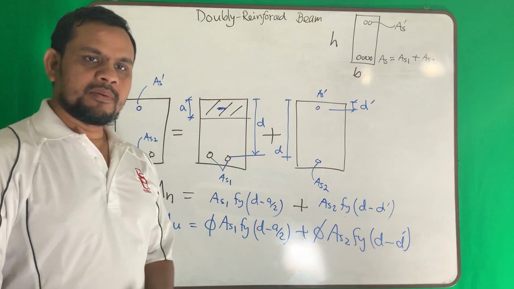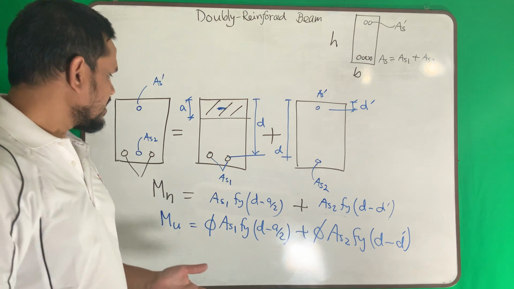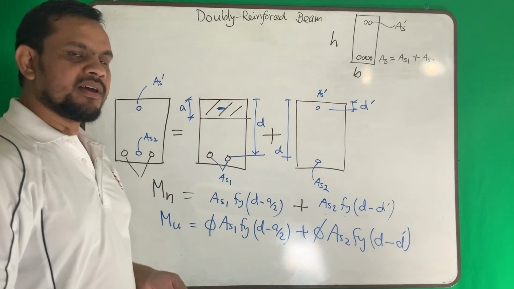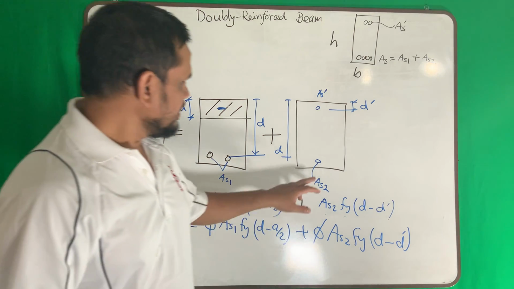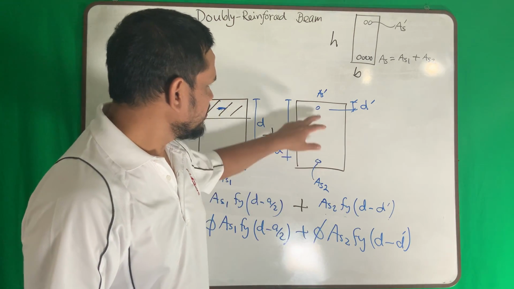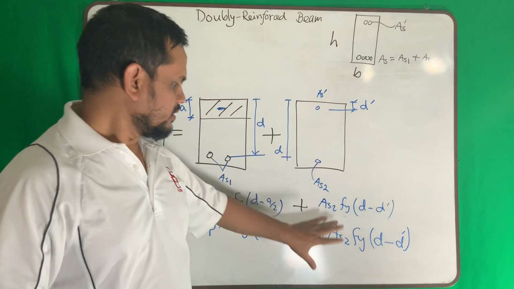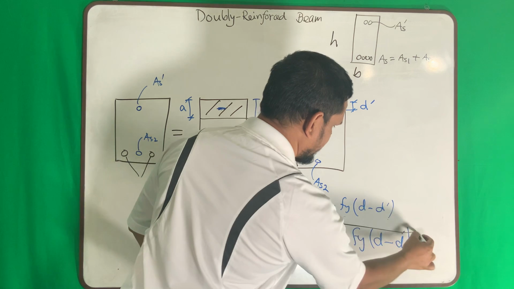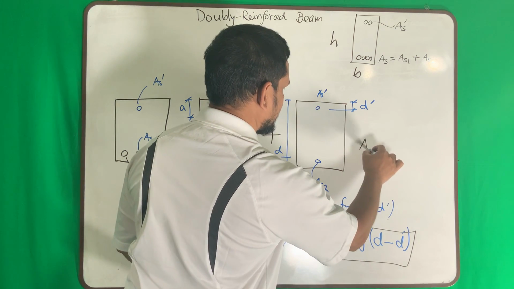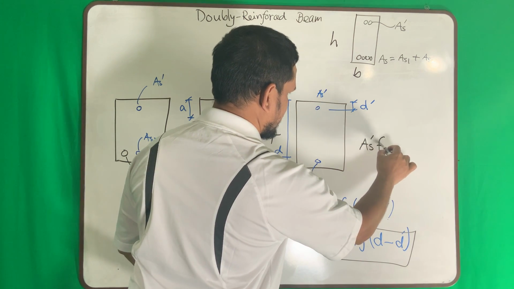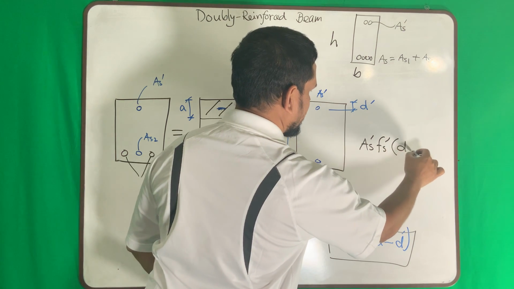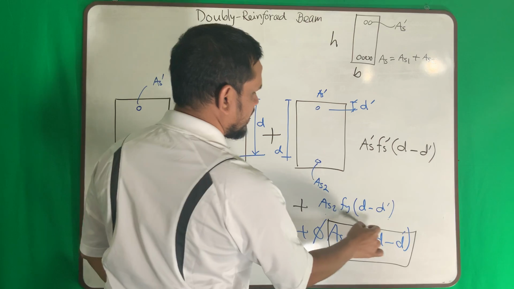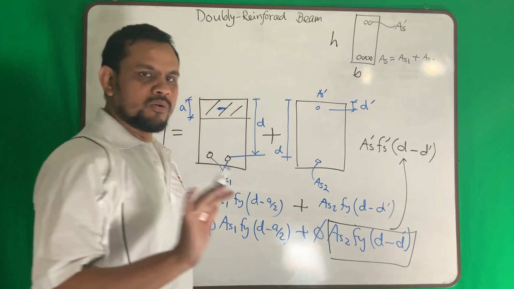Even in your homework or in your exam, if you know the reinforcement, you can easily find the moment capacity. Now in this portion, if you want to use this reinforcement, no problem. For this portion, you can write this one also: As prime Fs prime (d minus d prime). This portion you can also use this equation, no problem.